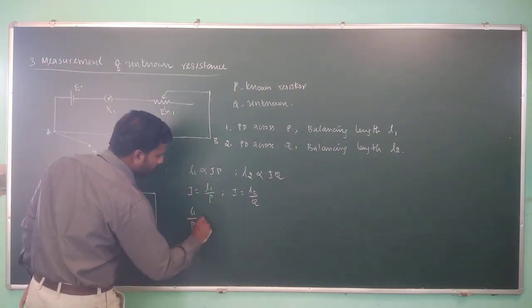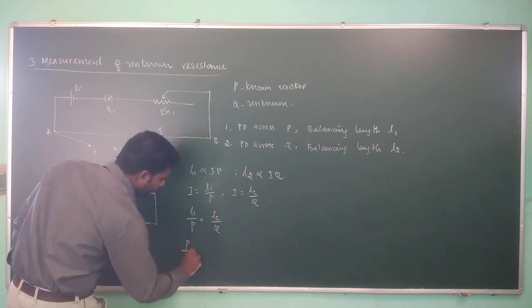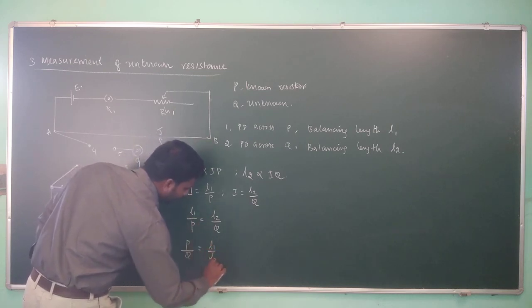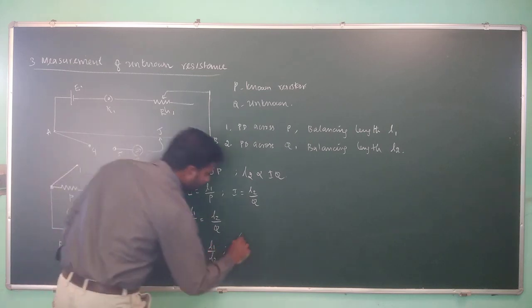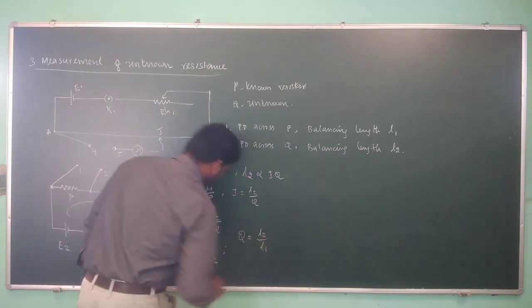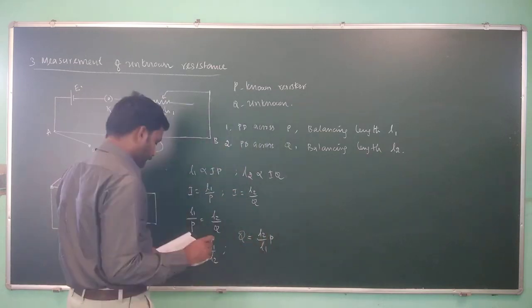So L1 by P equals L2 by Q. So P by Q equals L1 by L2, and we want to know Q, so Q equals L2 by L1 multiplied by P.